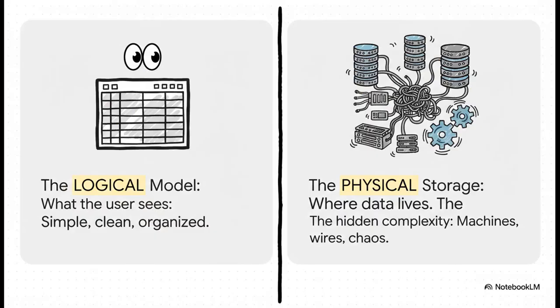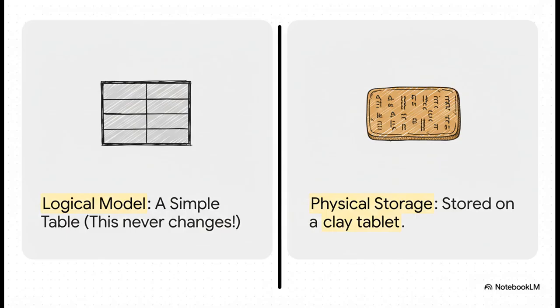On one side of that wall, you've got the logical model. That's what you see. It's simple, it's clean, something that looks a lot like a simple spreadsheet. But on the other side is the physical storage, the whole messy, complicated backend of servers and wires where the data actually lives. Data independence is the big idea that lets us completely change one side without ever having to touch the other.